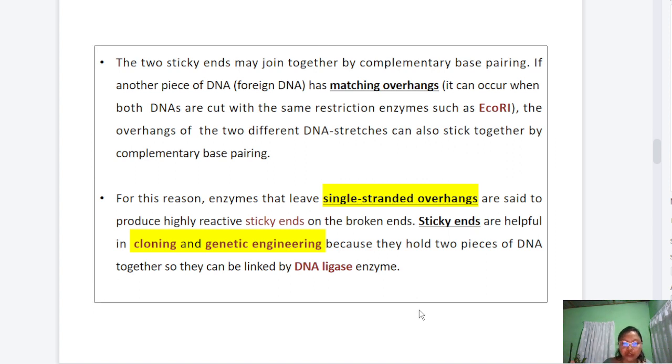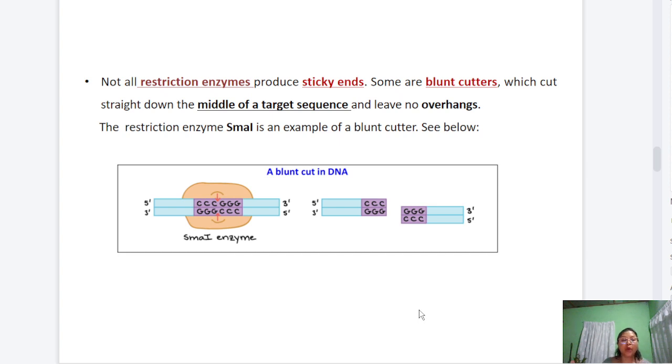Okay, moving ahead. Now, not all restriction enzymes produce sticky ends. When I say that sticky ends are very important because they help us in cloning and genetic engineering, we also have to keep in mind that not all restriction enzymes produce sticky ends.